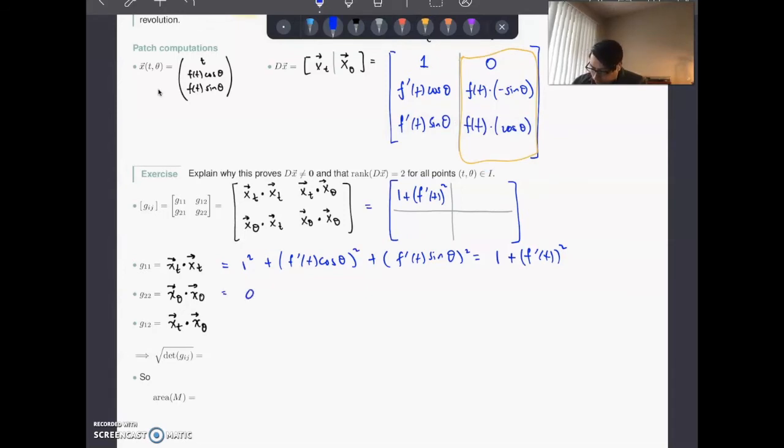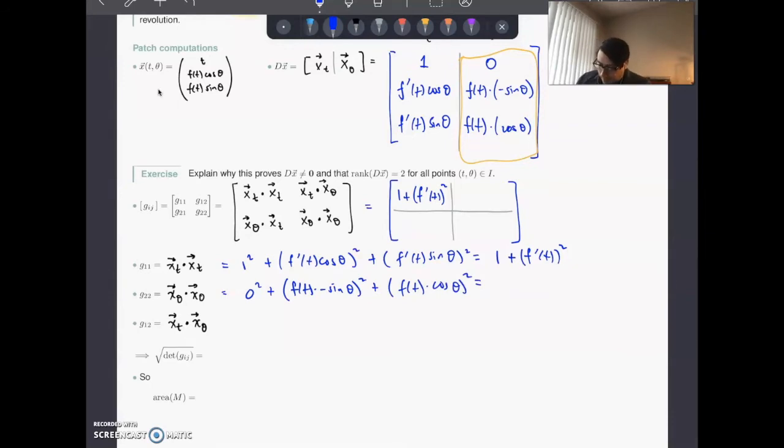So we're going to get 0 squared for squaring the first component, plus, let's square the second component. This will be f of t times negative sine theta quantity squared plus f of t times cosine theta quantity squared. So let's take a quick look at that and see if it simplifies.